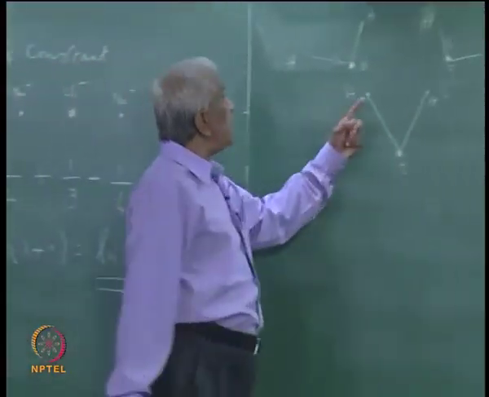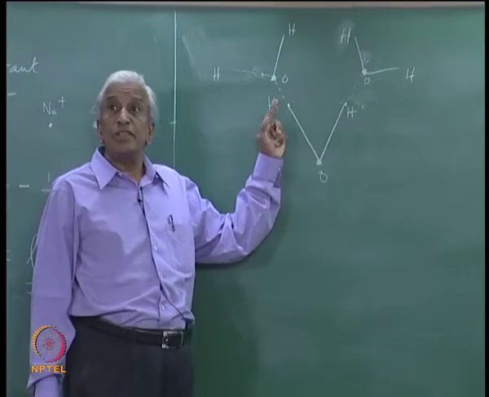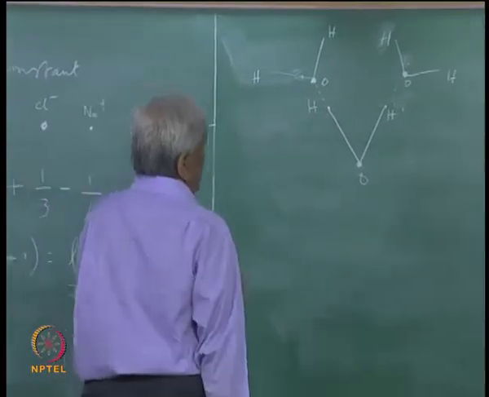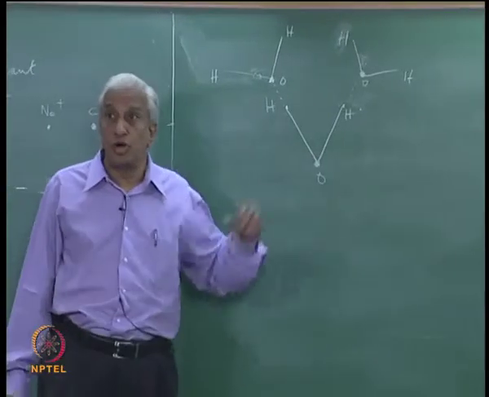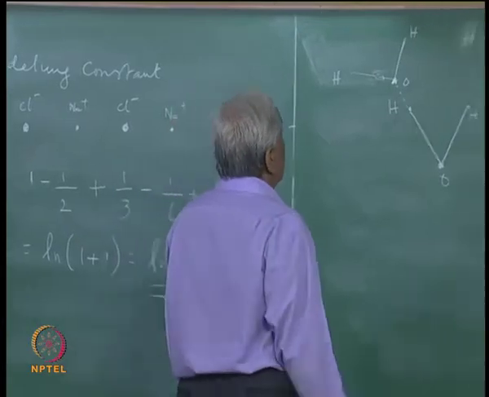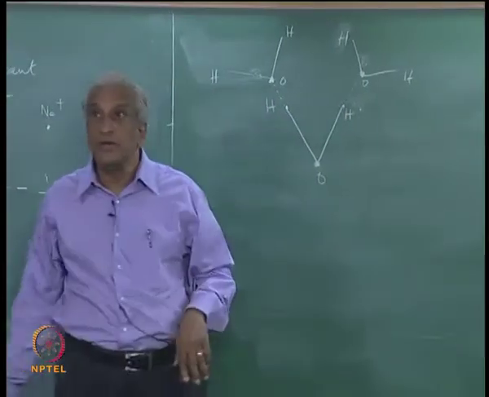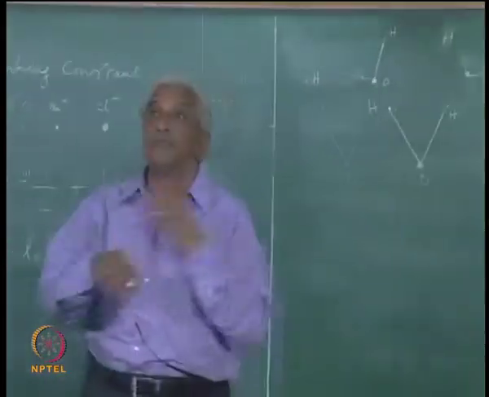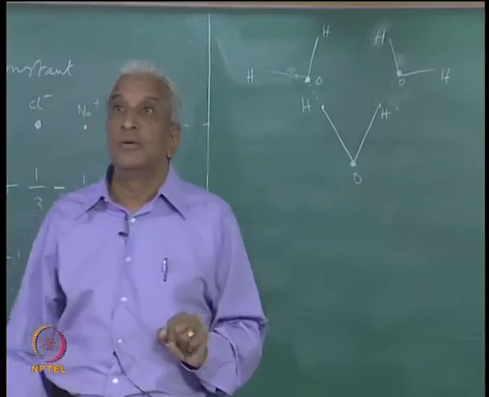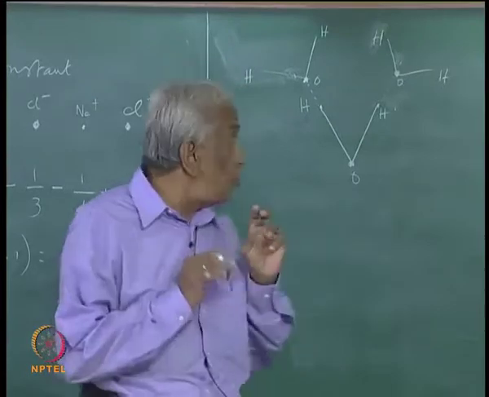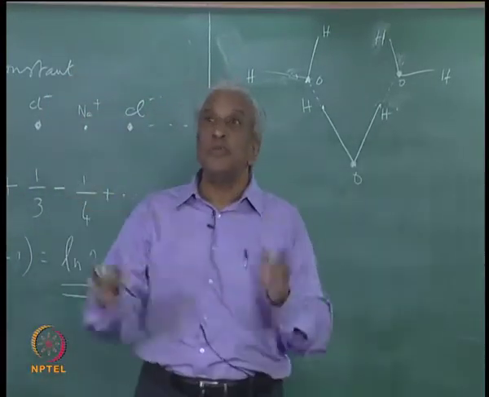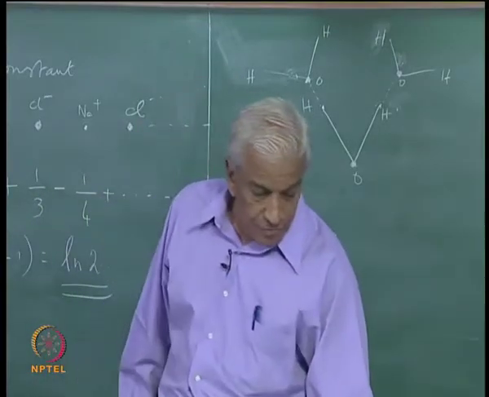Now, there are 2 ways of distributing the 2 hydrogen atoms per oxygen atom over the 4 bonds. There are in all 4 bonds to the near neighbors, because it is a tetrahedral structure. So, there are different ways of distributing 2 hydrogen atoms for each oxygen atom over the 4 bonds.